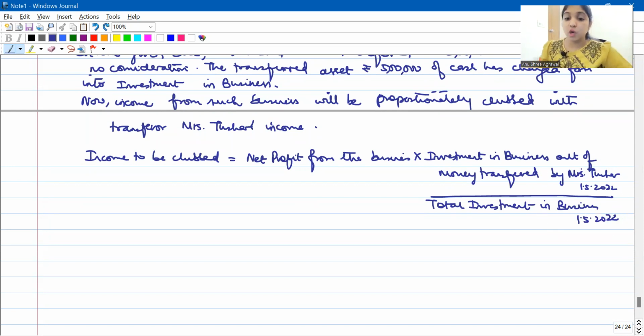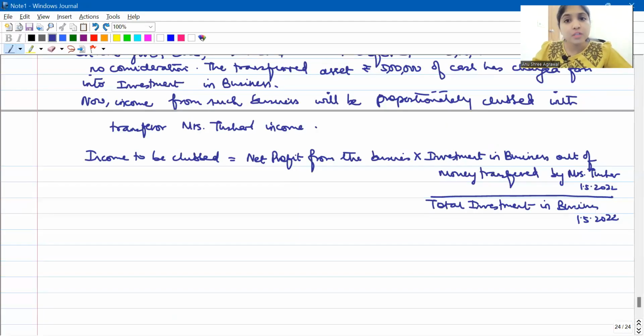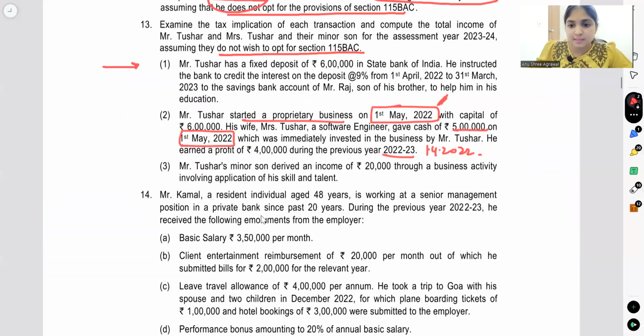This numerator and denominator you're supposed to take on the first day of the year. But when I start my business during the year, then obviously for that business, the previous year will start only when I started the business. So 1st May 2022.